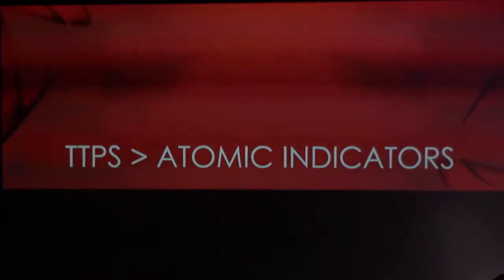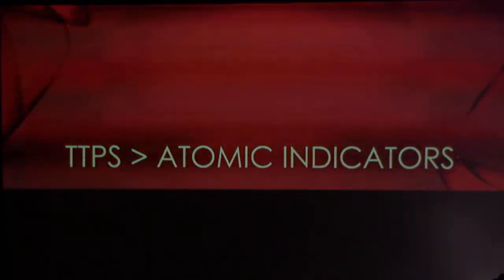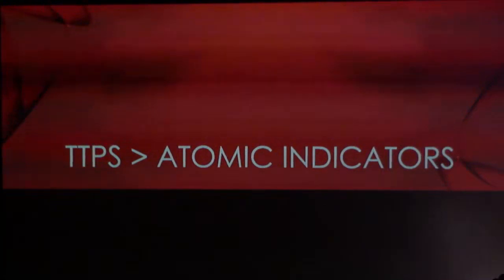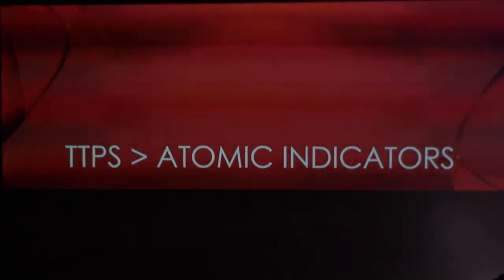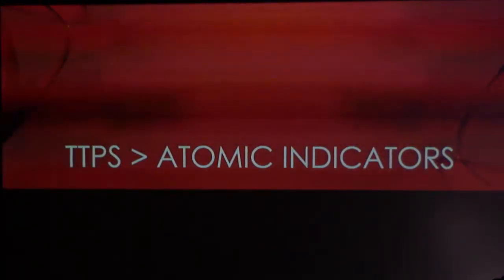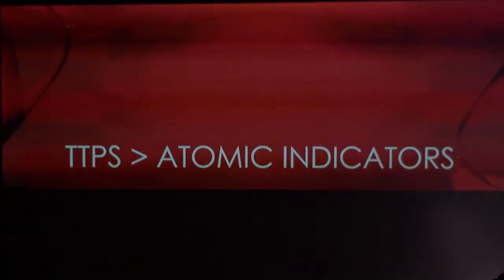So I already touched on this a little bit, but TTPs, tactics, techniques, and procedures, how attackers do what they do, what their process is, how they go about their recon, what kind of RATs they like to use, or do they leverage PowerShell, are much, much more important.